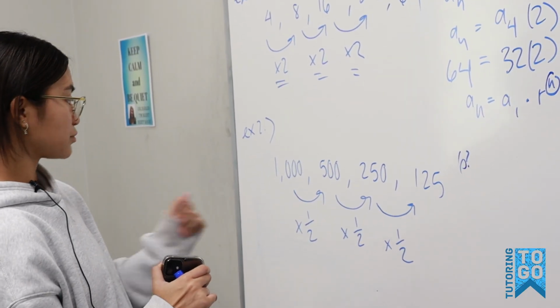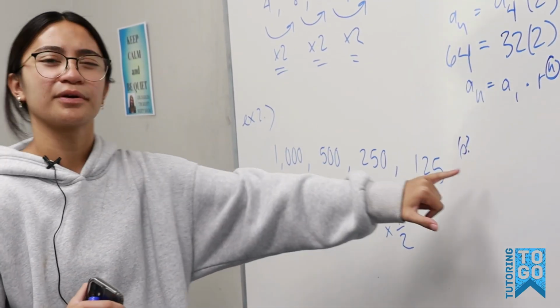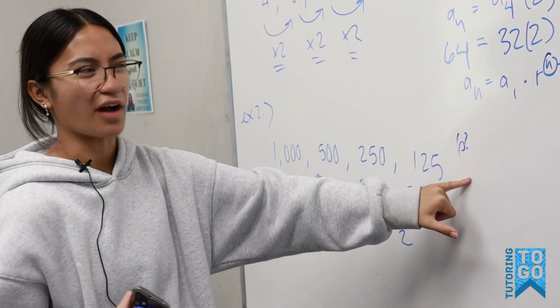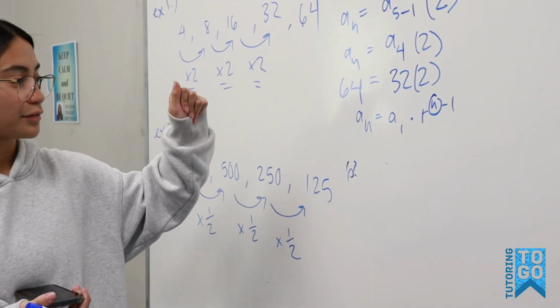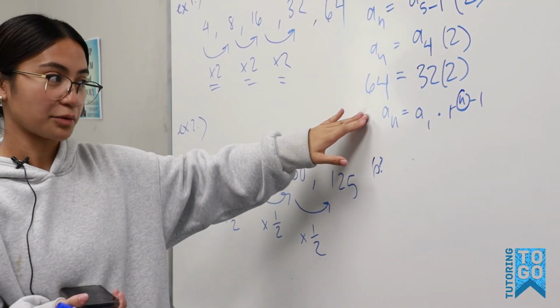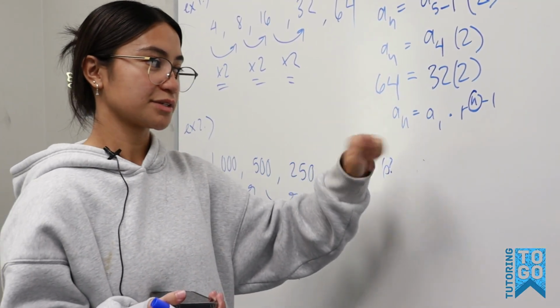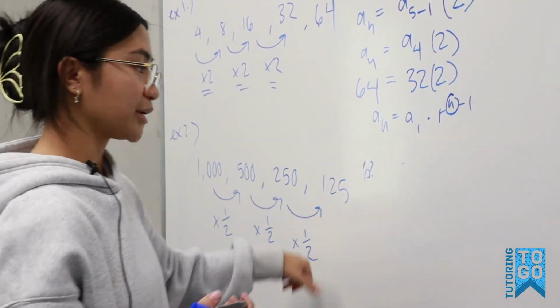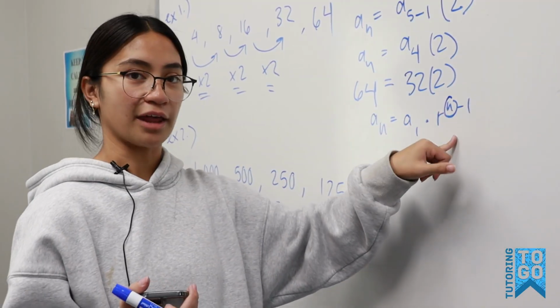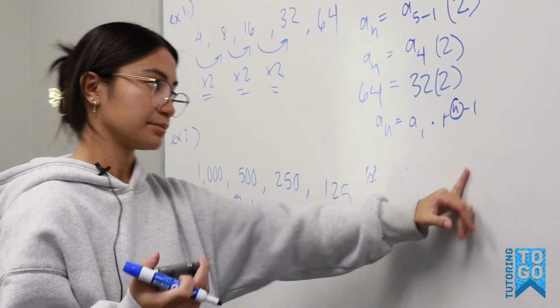So in this case, we have 4 total terms, but we want to find 6, and we don't know 5. So we can't use the recursive equation. So if you remember, our explicit equation is an equals a1, which is our first term, times the common ratio to the power of n, our desired term, minus 1.